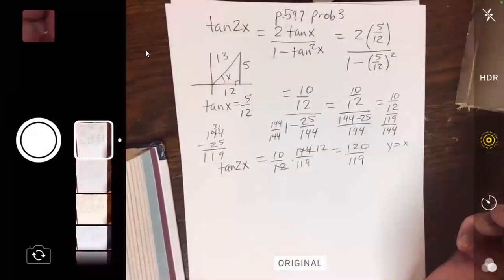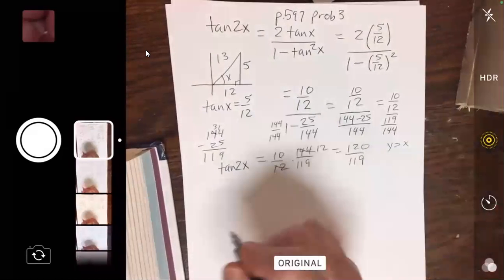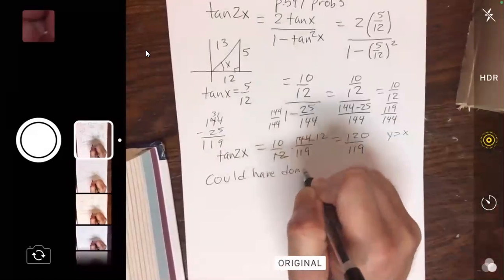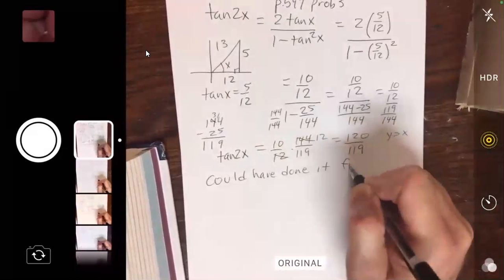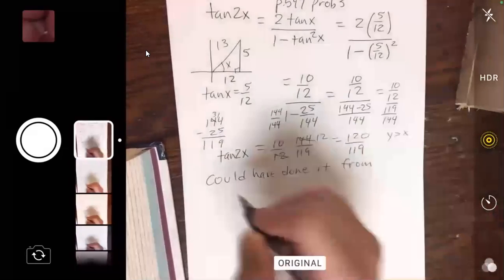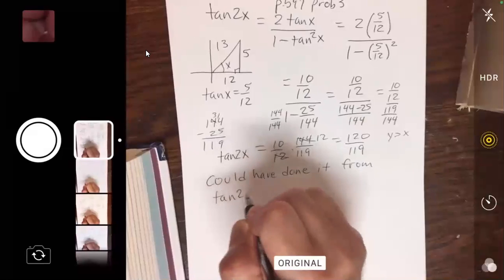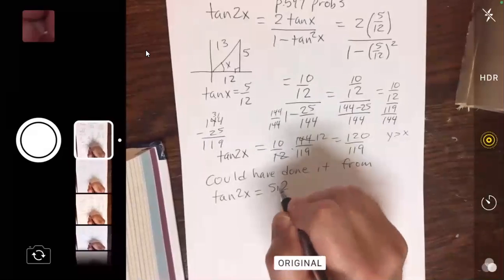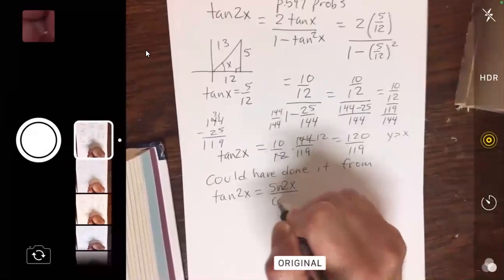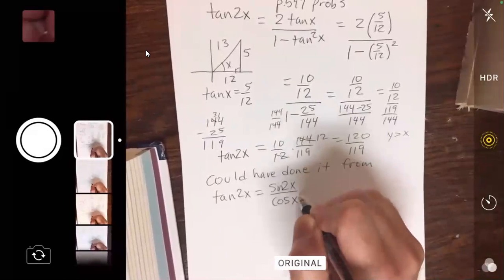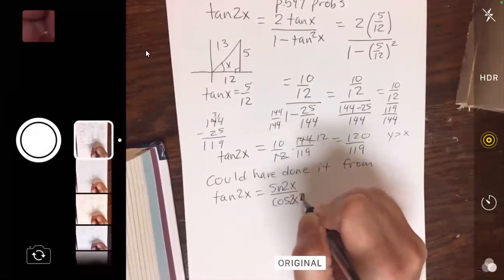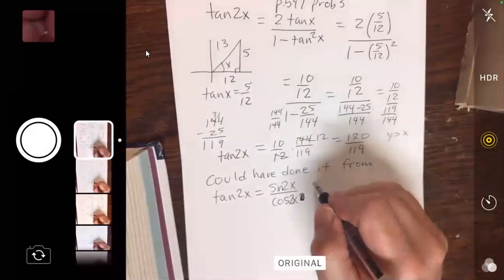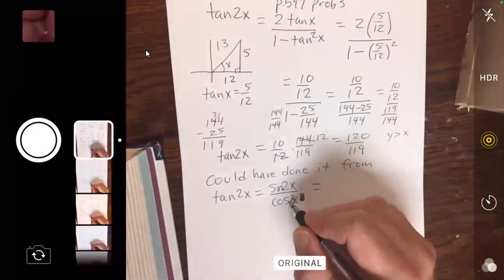Just to give you some confidence in it, to beat this to death, you could have done it from tangent of 2x as sine of 2x over cosine of 2x, instead of using the straight tangent formula, since they already had you figure sine of 2x. Since you'd already figured sine, it probably would have been easier to do it this way.